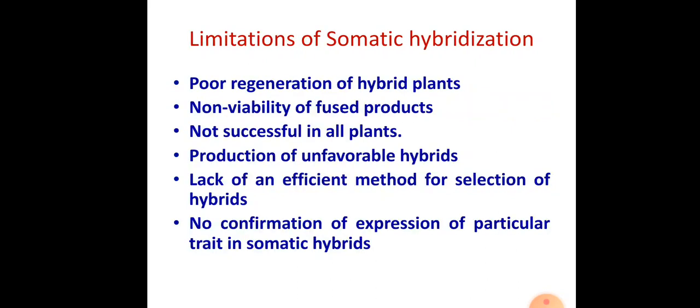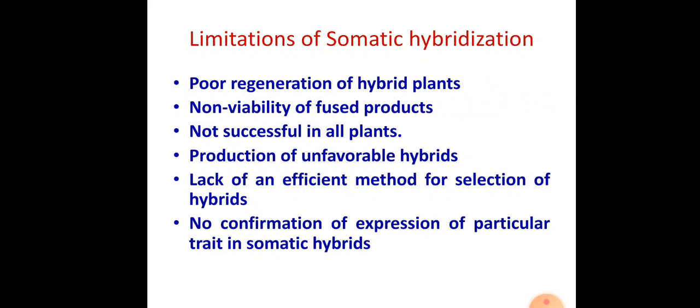And what are the limitations of somatic hybridization? We have very poor regeneration of the hybrid plants, so we need isolation, hybridization and also culture of the protoplast. Regeneration from the somatic hybrid is very tough also.